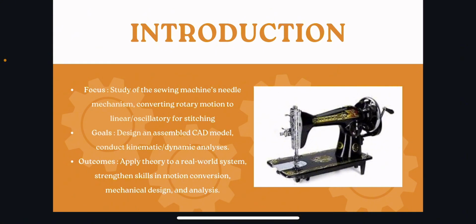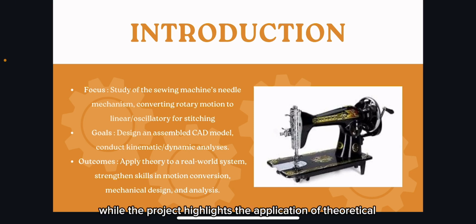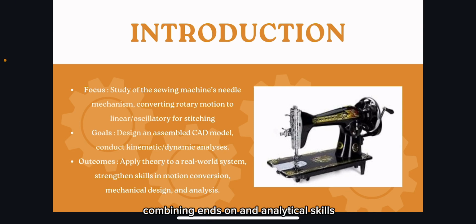The report includes the mechanisms' operations, market designs, and design rotational, while the project highlights the application of theoretical concepts to a real-world system. This work enhances our understanding of motion conversion, mechanical designs, and system efficiency, combining hands-on and analytical skills.